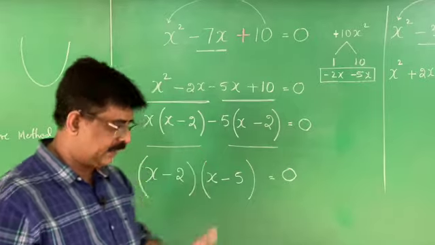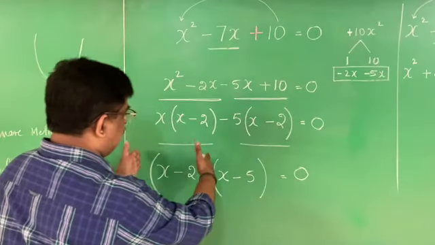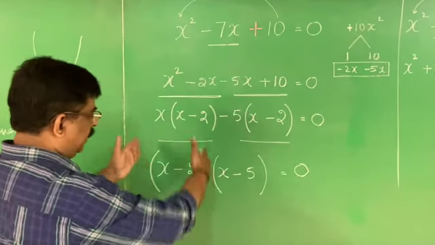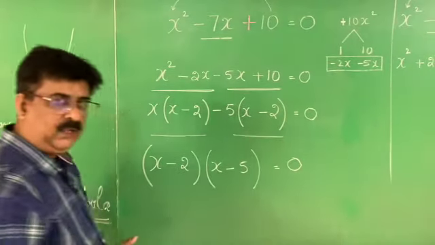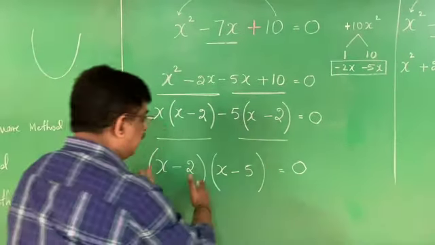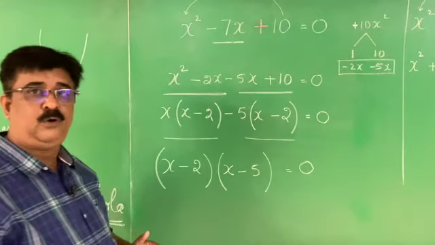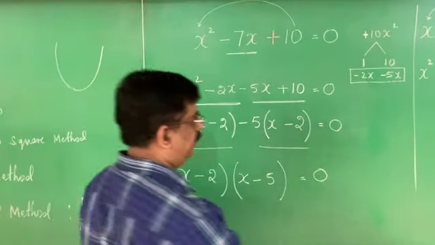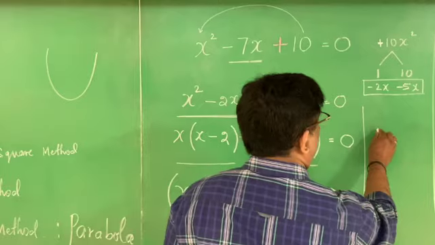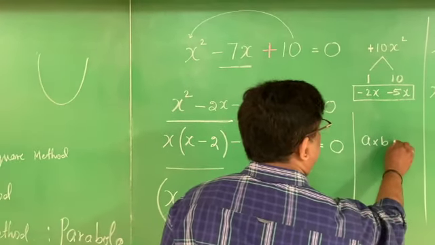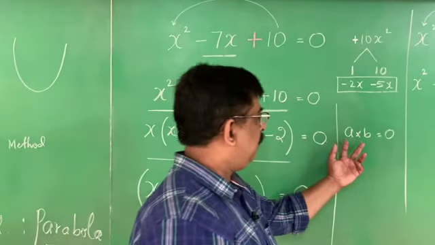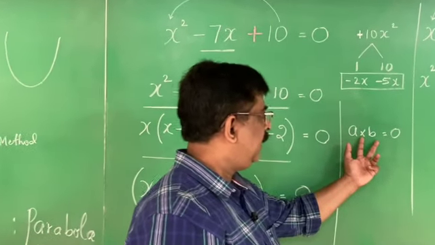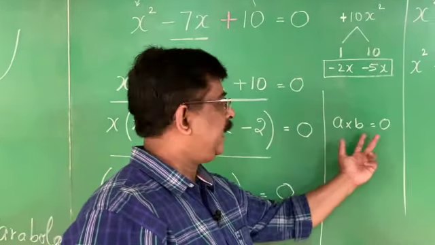Now, x minus 2 into x minus 5 is equal to 0. There is an argument here. When the product of 2 numbers, product of 2 terms, is equal to 0, then either of the numbers is equal to 0. Try to understand. I write it here. If A into B is equal to 0, you take two numbers A and B, you multiply them, you get 0, right?